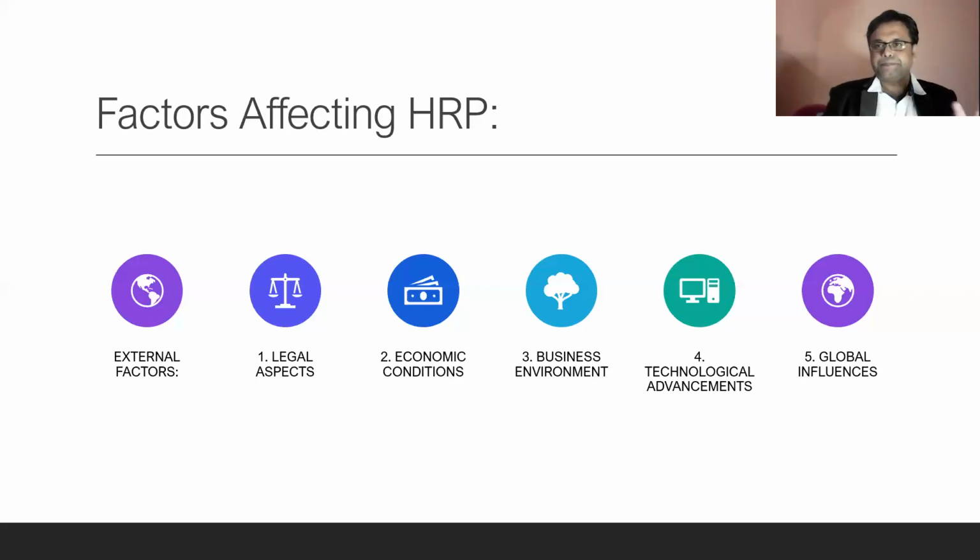So that is going to affect the manpower planning of that particular company, because before the ban or before this conflicting situation, they had a different plan for human resource planning, hiring, training and development. But because of this crisis, they have to change their plan. So that is the global influence.